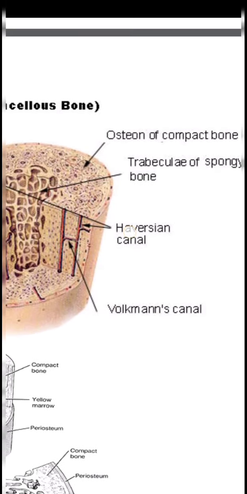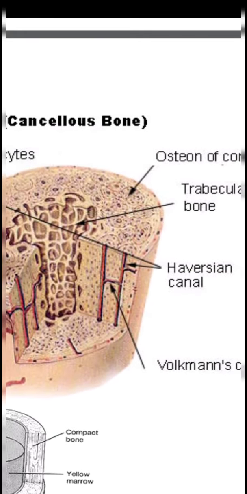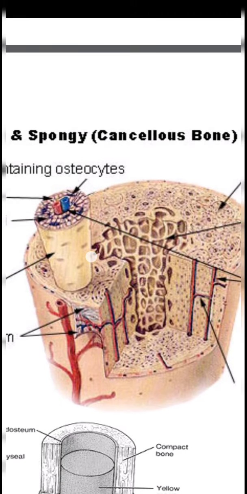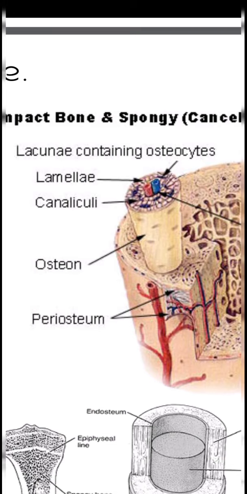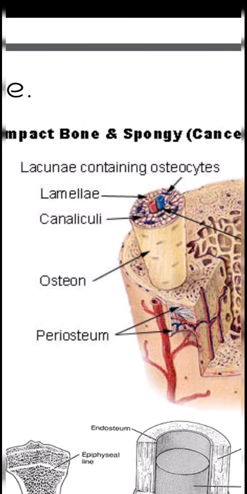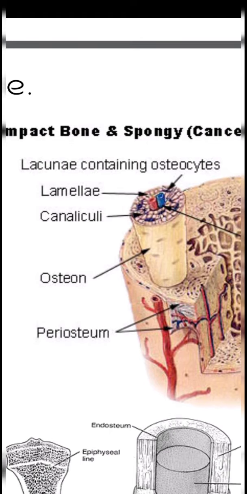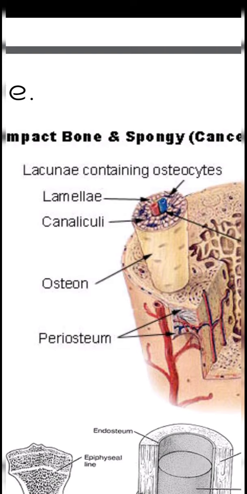So as we can see here, there are multiple osteons in compact bone. In a single osteon, there is a canal that contains the arteries and veins, and there are multiple canaliculi. Canaliculi are smaller channels through which the nutrients travel from the Haversian canal, and then there is bony lamella.